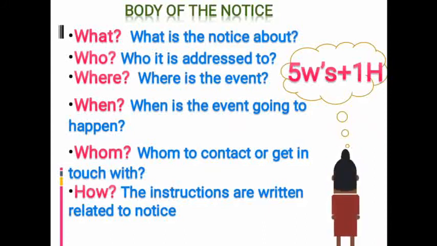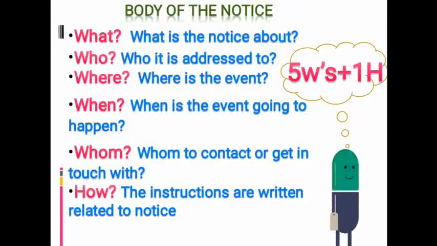Now the body of the notice, the content, should answer 5 W's and 1 H. What are the 5 W's? What? That means what is the notice about? That should be clear in the body. Who it is addressed to? Where is the event taking place if you are talking about an event? When is the event going to happen? This information should be there in the content.